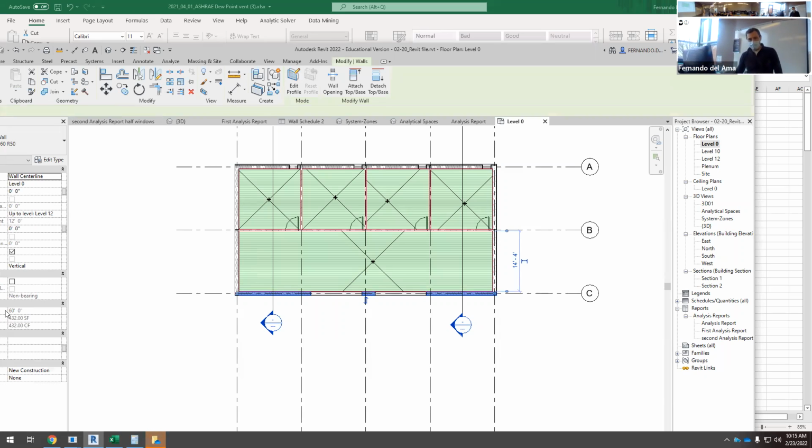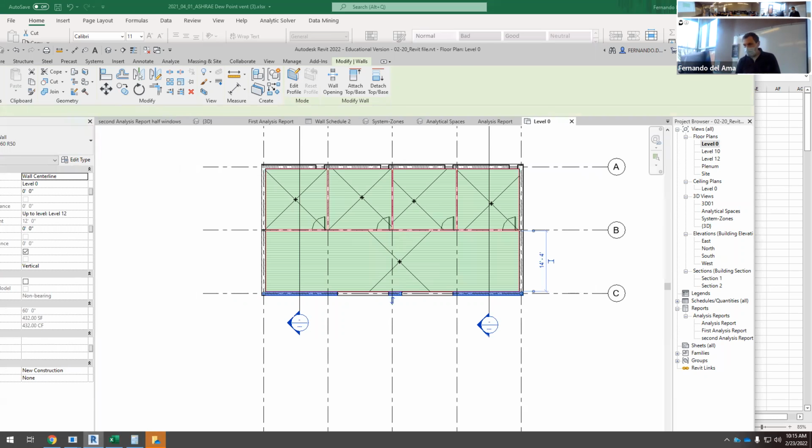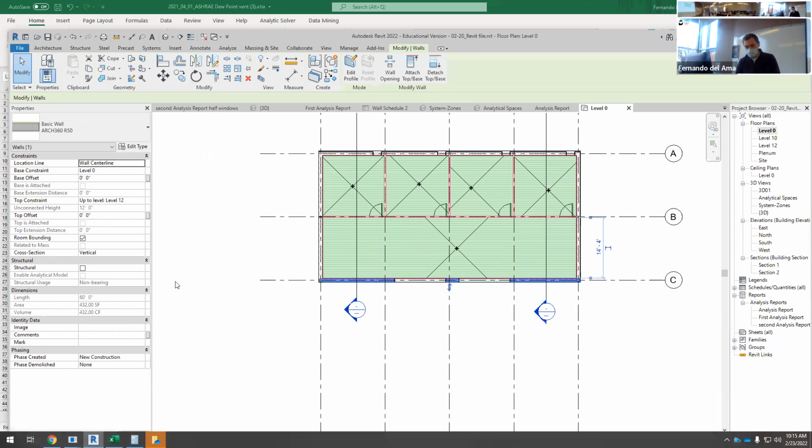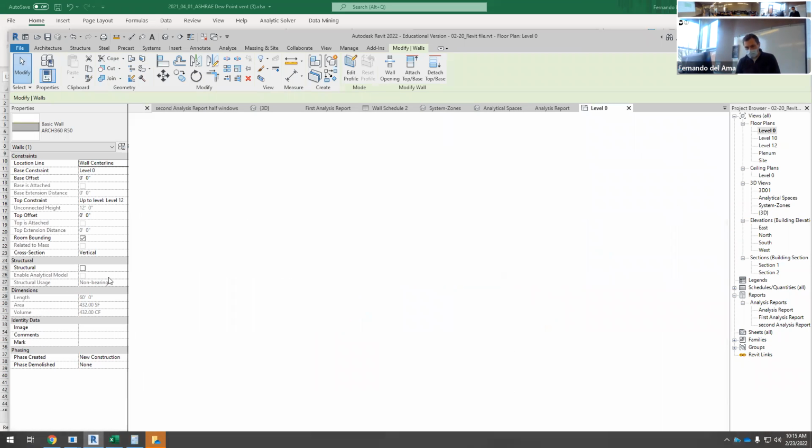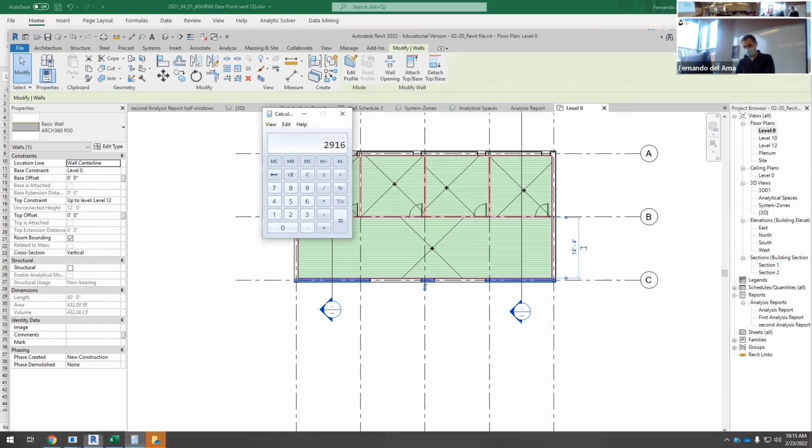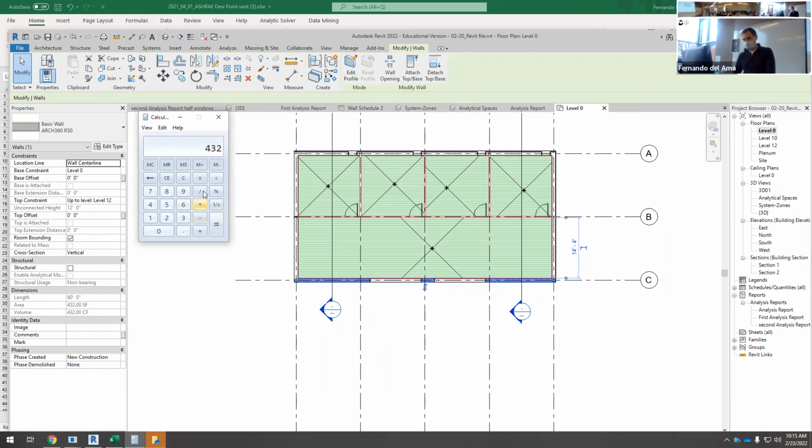Okay, so for the lobby area, we have this wall. Okay, the area of this wall is 432. So with this calculator, we say 432 plus, where's the plus? Here.